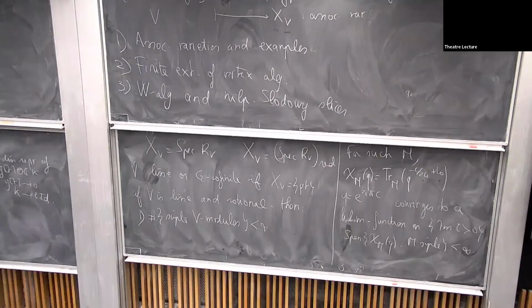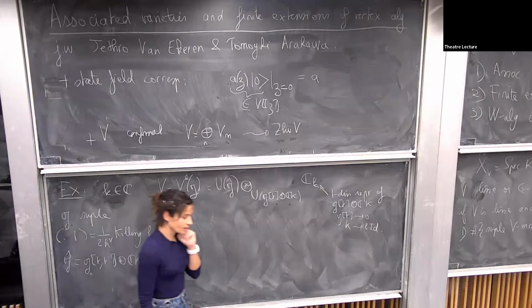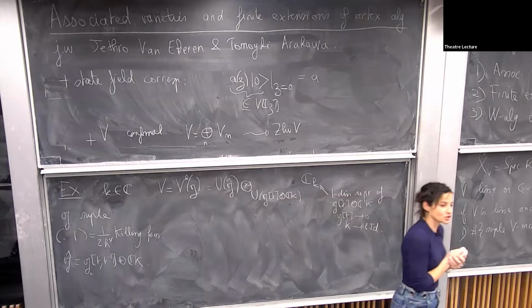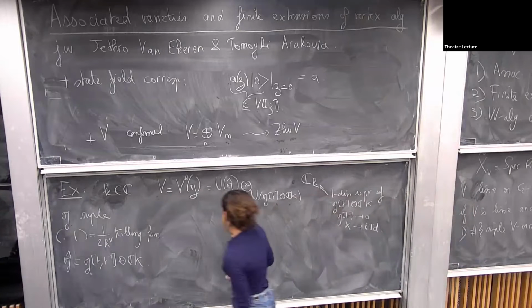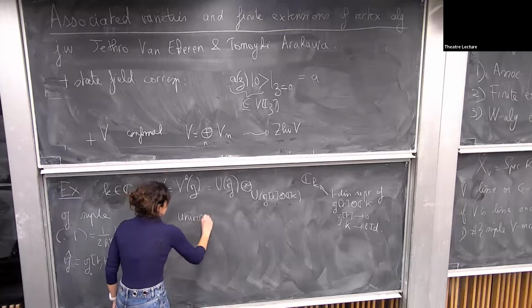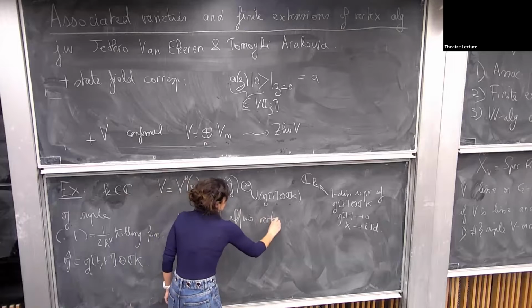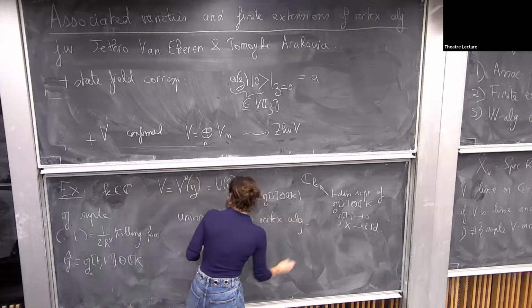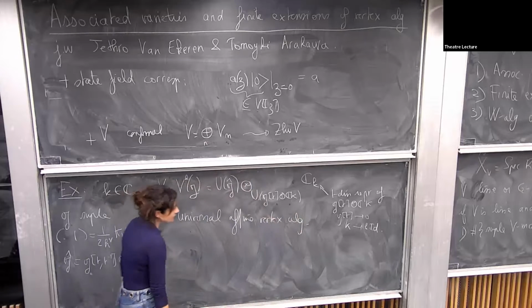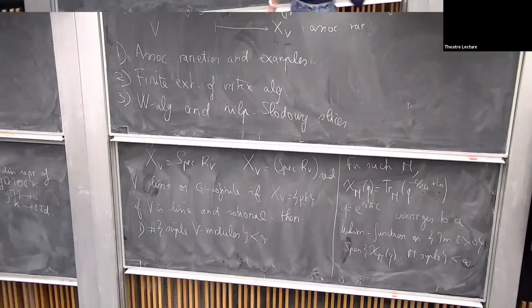All right, so this is a representation of ĝ, and it is well known that it also has a natural structure of vertex algebra. So this is a universal affine vertex algebra, and here the OPE is what I denoted with A(z)B(w).